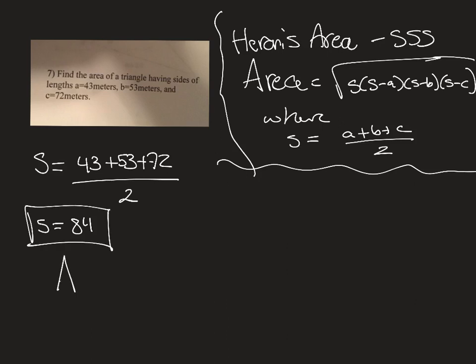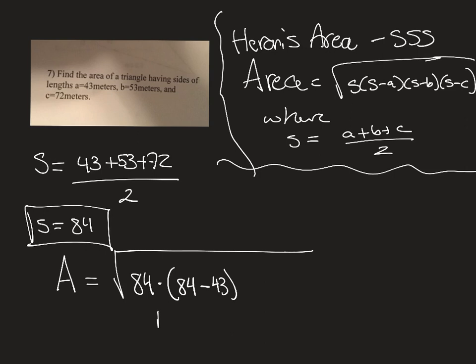And then to find my area is going to equal 84. When you type this in the calculator, you have to put the times symbol here. 84 minus A, which is 43. Let me clarify. You need that times symbol if you're using my little trick. But if you're not, and I'm not going to confuse you and explain what that is if you don't remember, you don't have to have the times symbol.